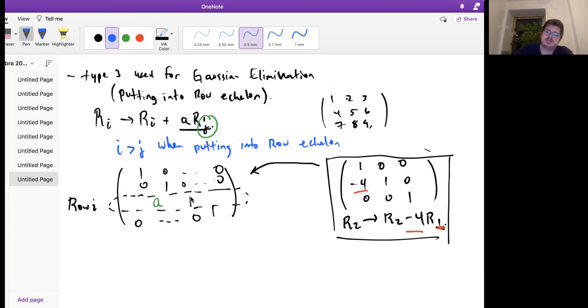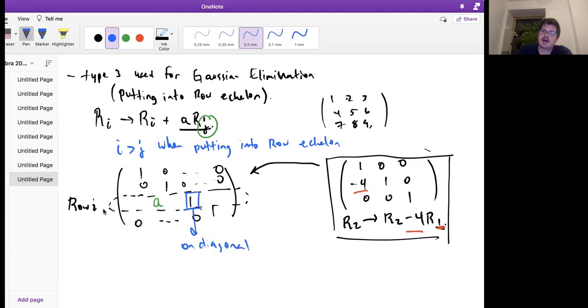Because what's this position here? What position is that 1 in? Remember, this is an identity matrix, right? This one is on the diagonal.